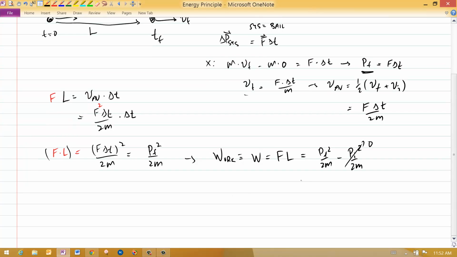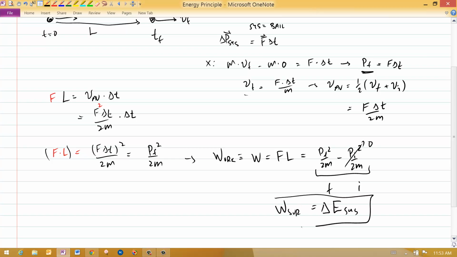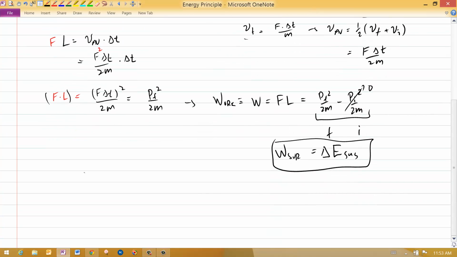So what we've got here is a quantity that the system owns in a final state and an initial state. I could write this as delta E system is equal to the work from the surroundings. And that is the first simplest form of the energy principle that we're going to be looking at.